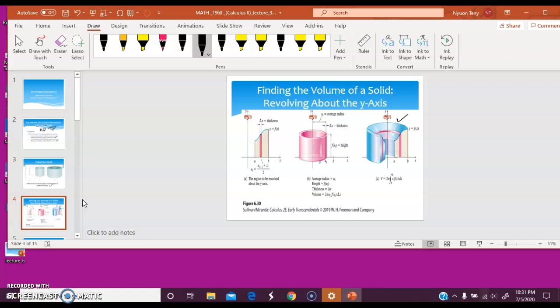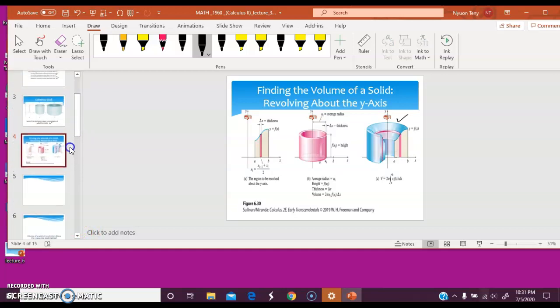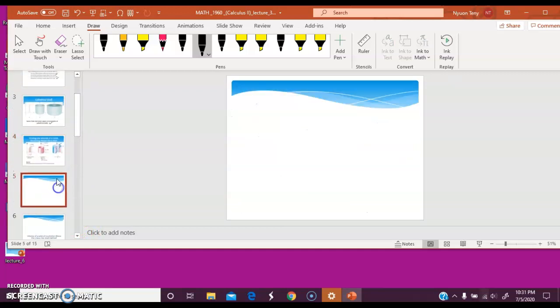To find the volume of that solid, we divide it up into thin shells and sum up the individual volumes of the shells to approximate the volume of the solid of revolution. First of all, the region is bounded between a and b.